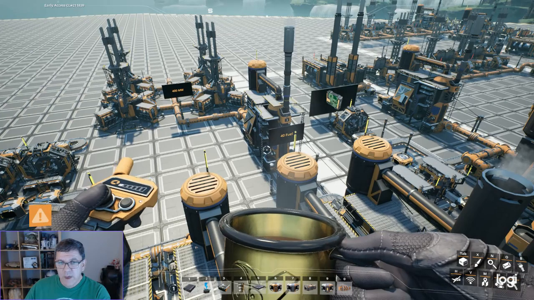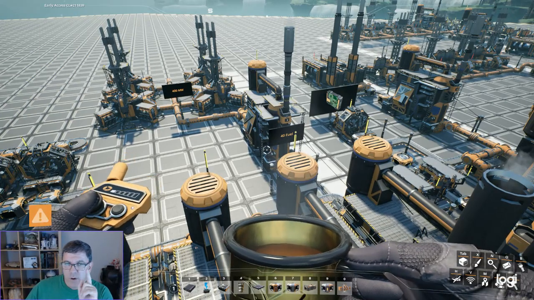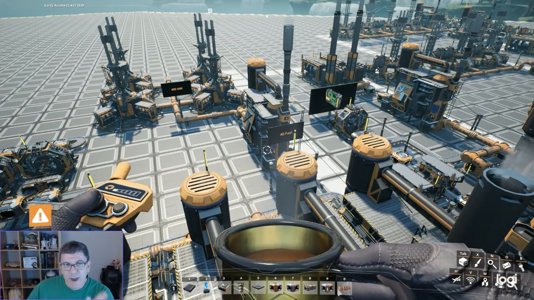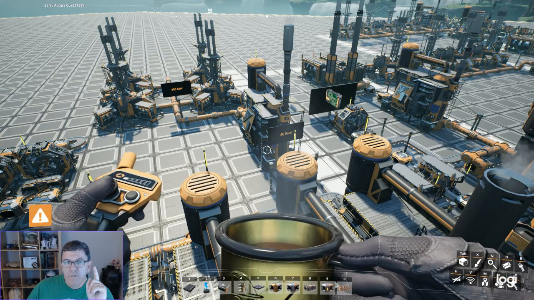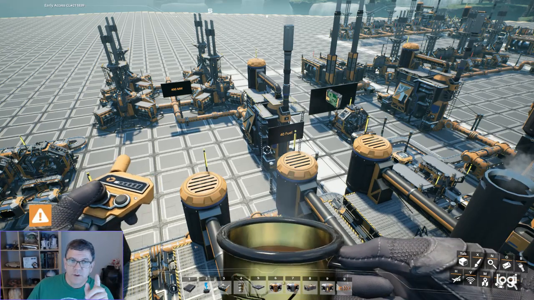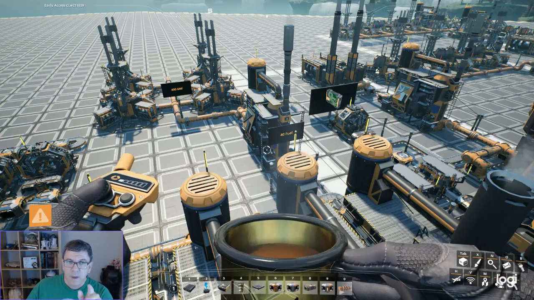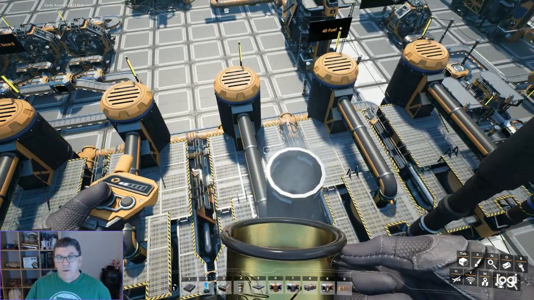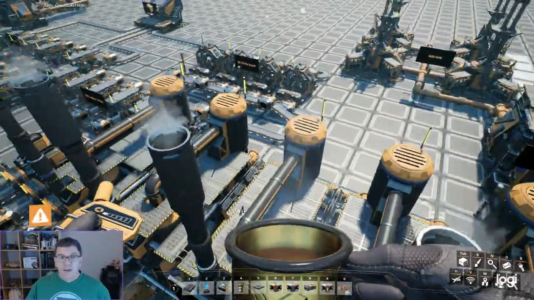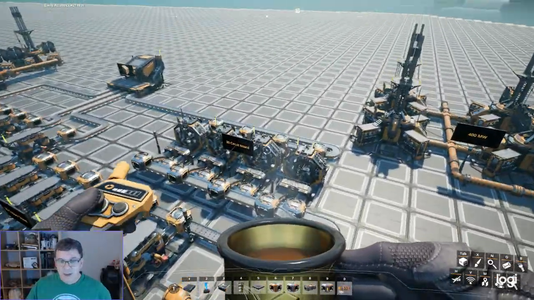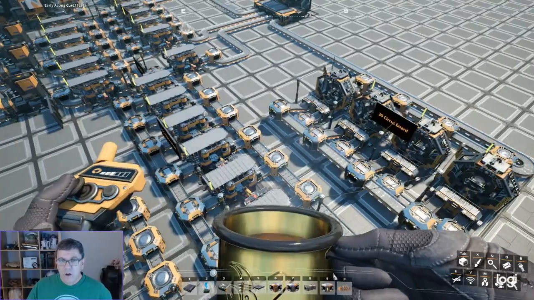So we put that into a refinery to make 40 fuel, and then we send that to 4 fuel processors to make 400 megawatts worth of electricity. So that 120 plastic takes care of the plastic that we need.